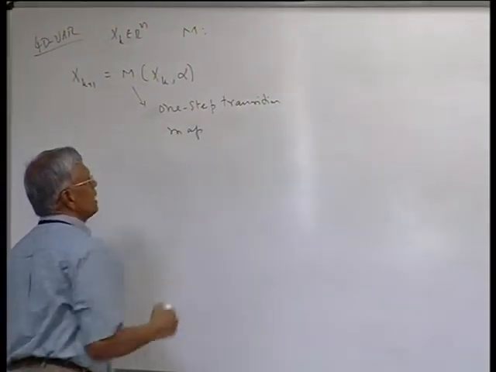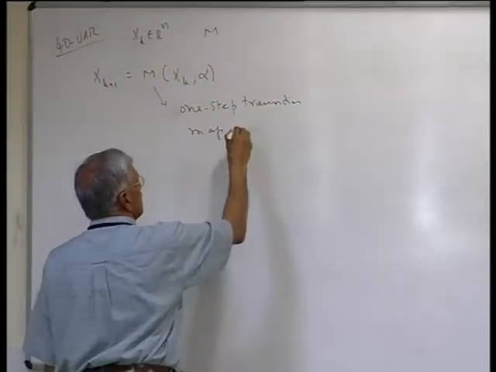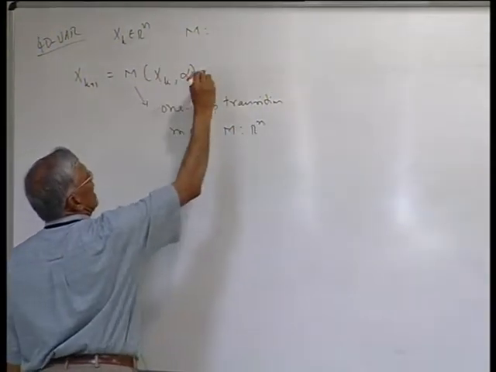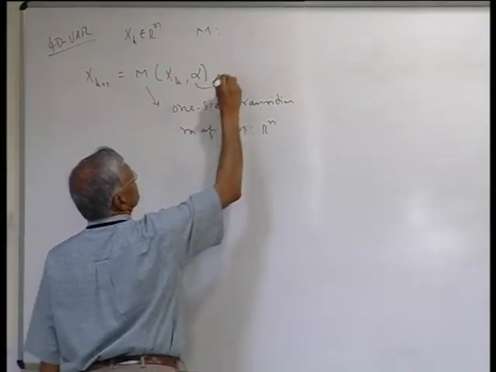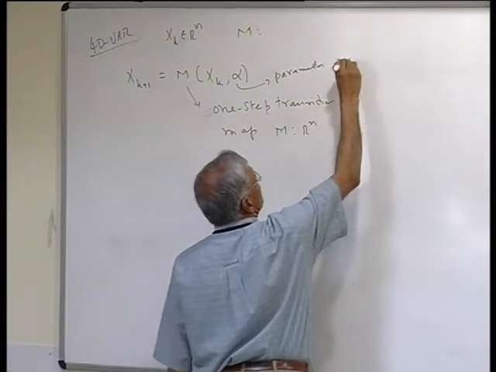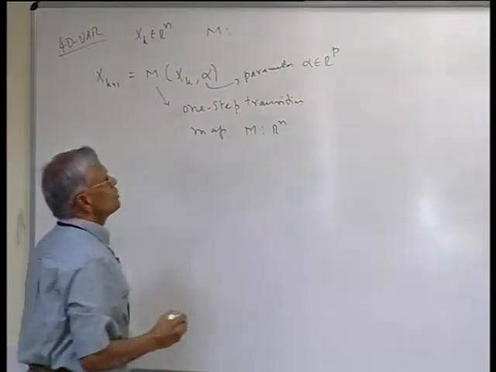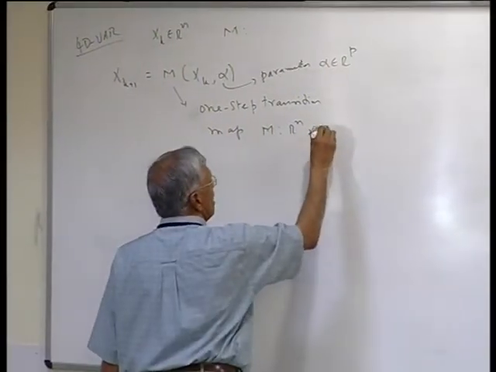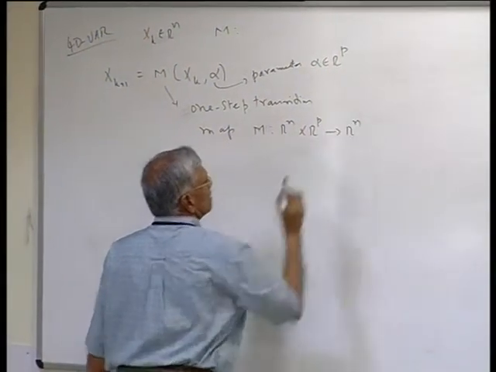In the case of a nonlinear system it is a map. M maps R^n. What is alpha? Alpha is a parameter. The parameter alpha could in general sit in a p-dimensional space. So M is a map from R^n times R^p to R^n.